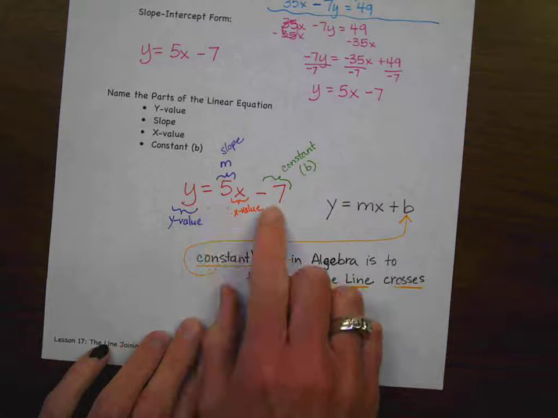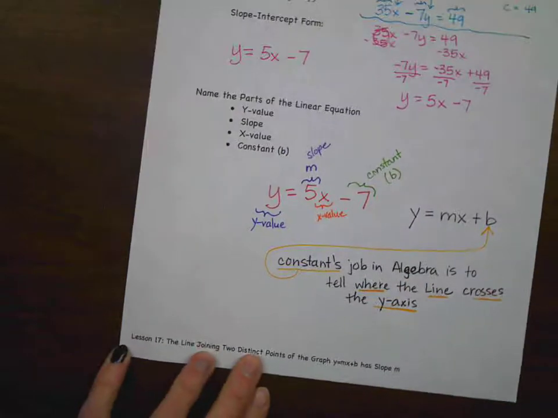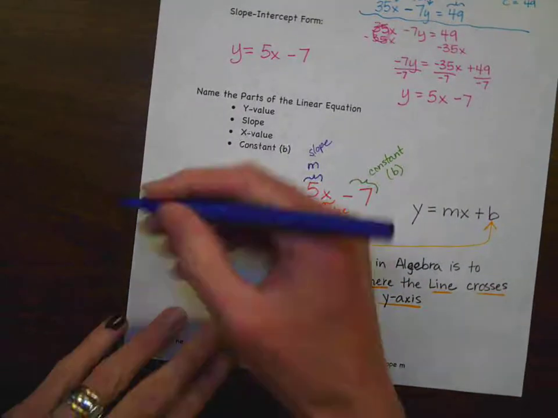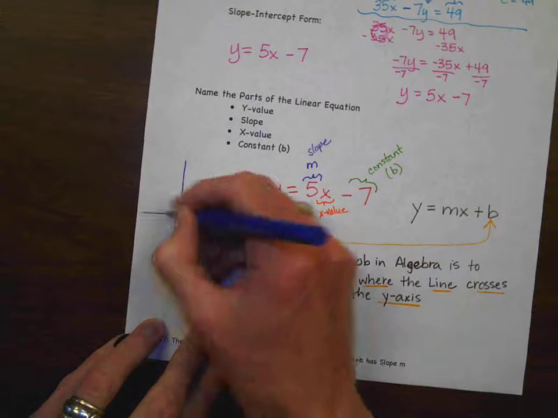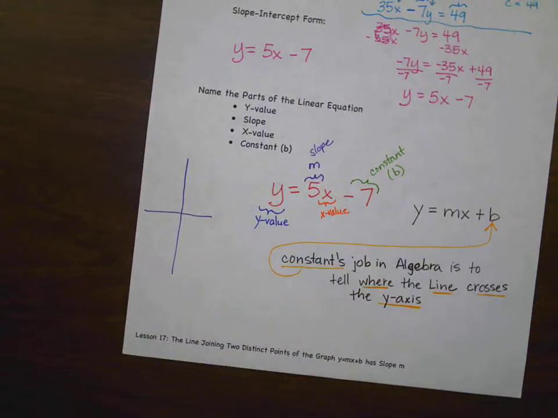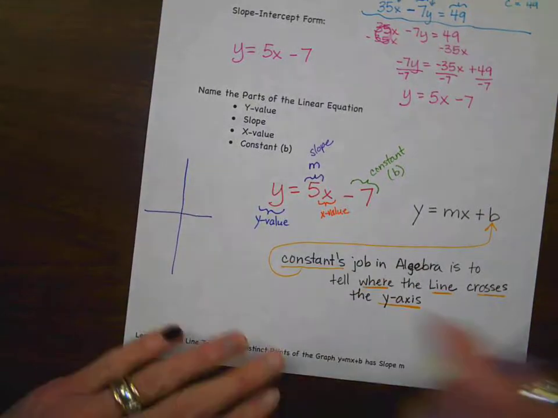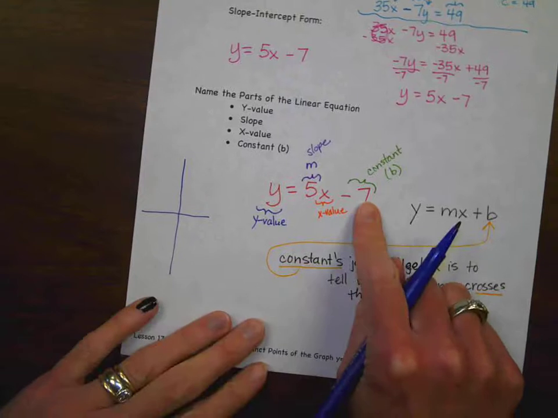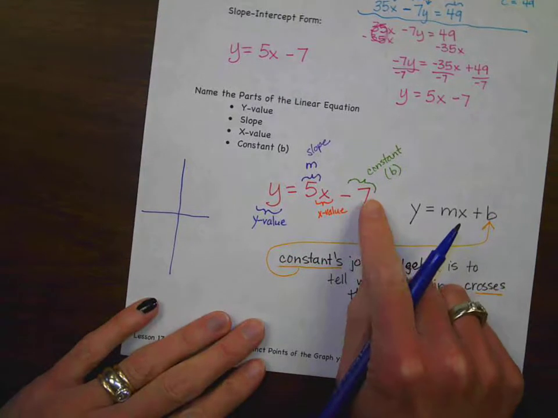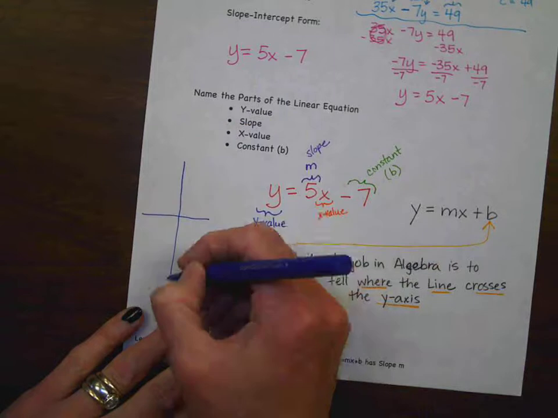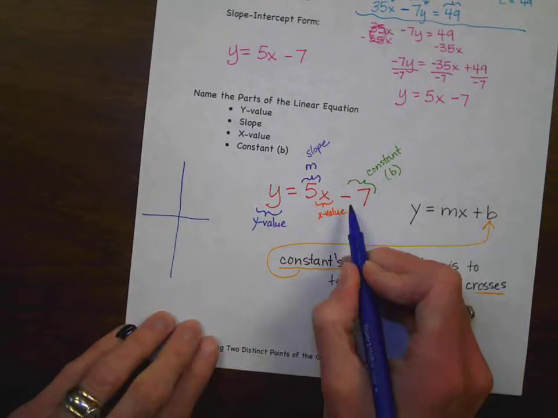And so if we're looking at this equation right here that we have, and we drew a rough sketch of a graph right here, immediately I can graph this very easily because I know where the line is going to cross the y-axis. This is the y-axis, boys and girls.